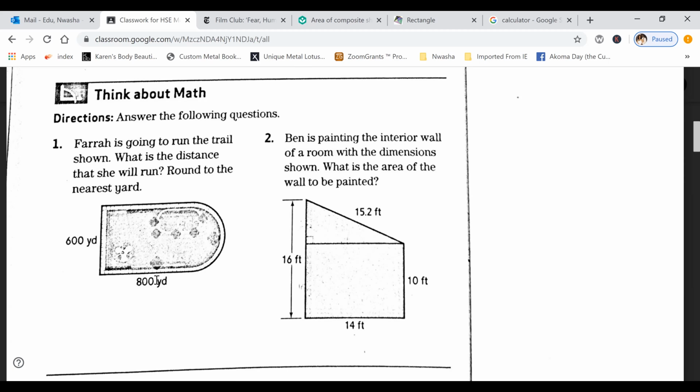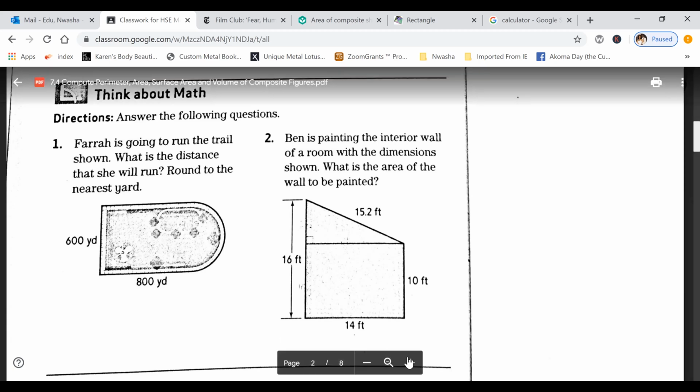Ben is painting the interior wall of a room with the dimensions shown. What is the area of the wall to be painted? Now this one is straightforward because it's asking you what is the area. So you should be saying to yourself, I need area formulas. And now you're trying to identify what are the shapes that make up his wall.